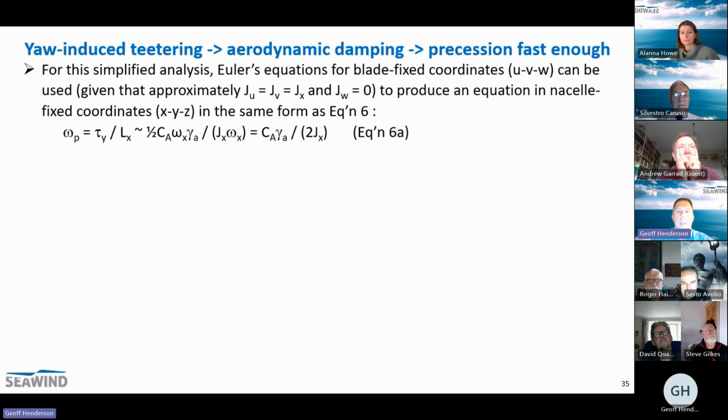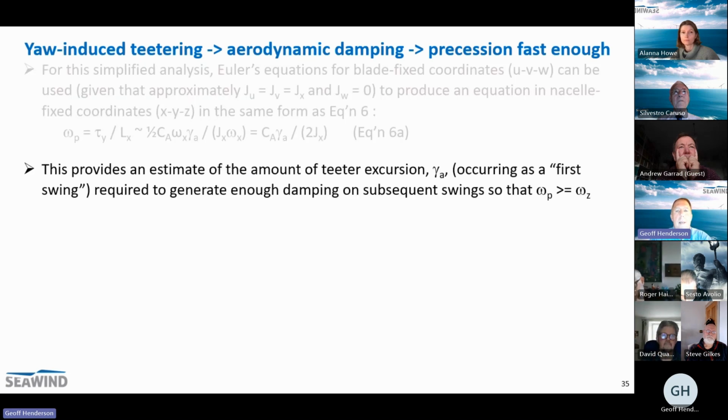Some further analysis using Euler's equations has to be used, with approximations for the values of the inertia in the different frames of reference. To get an equation in the x, y, z coordinates, it comes out as the rate of precession is Ca gamma A over 2Jx.